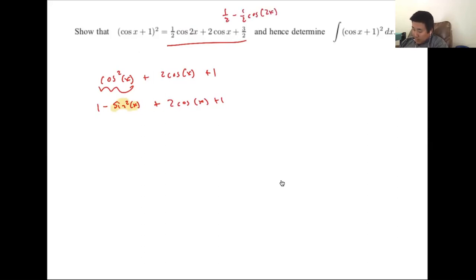So this is 1 minus 1 half minus 1 half cosine 2x plus 2 cosine x plus 1.